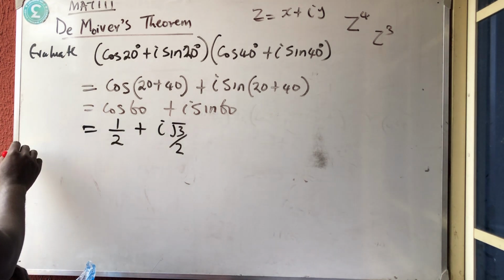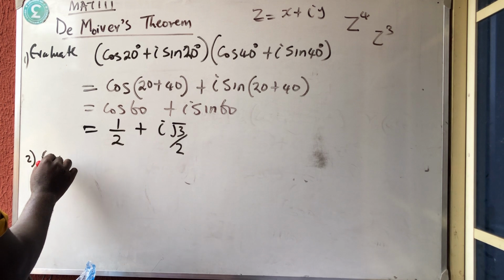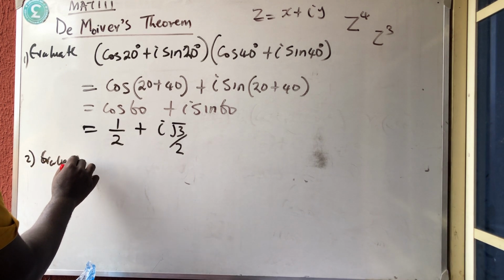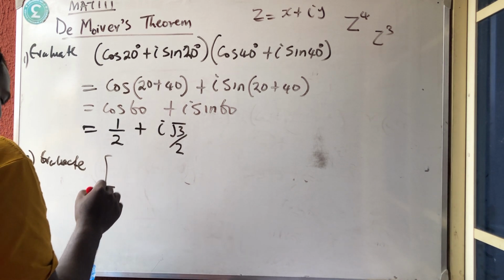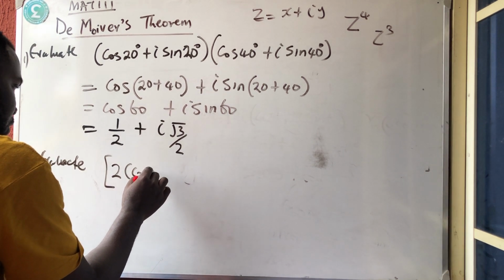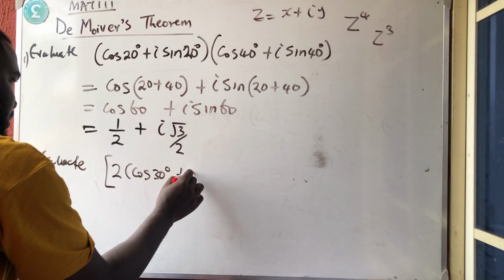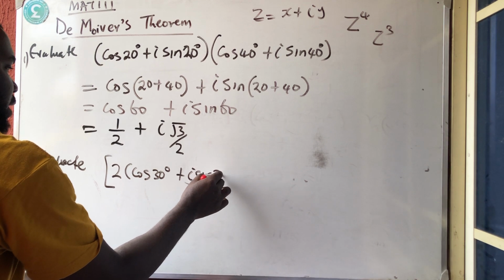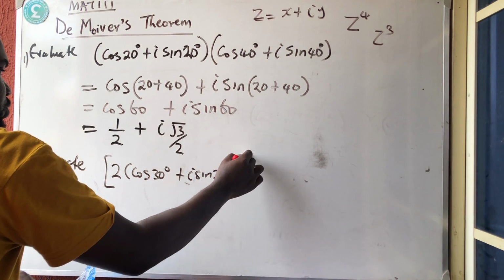Number two says evaluate 2 in brackets of cos 30 degrees plus i sine 30 degrees, then everything raised to power 8.